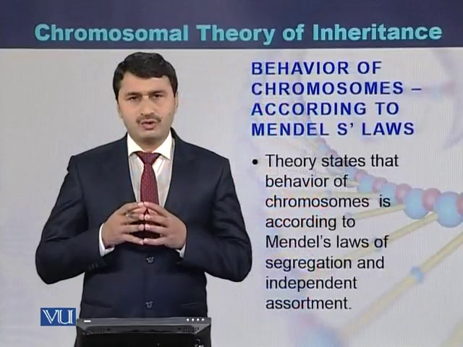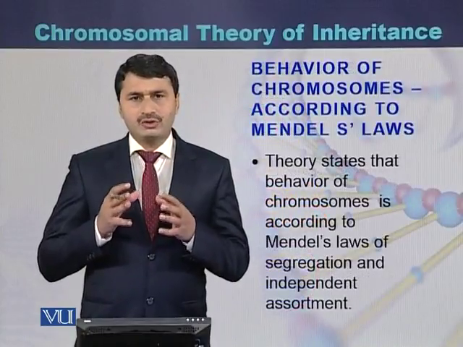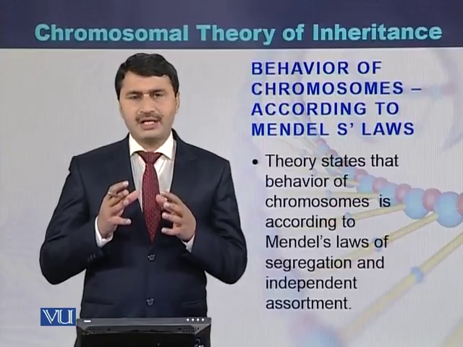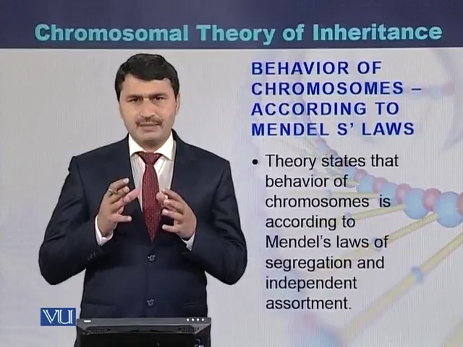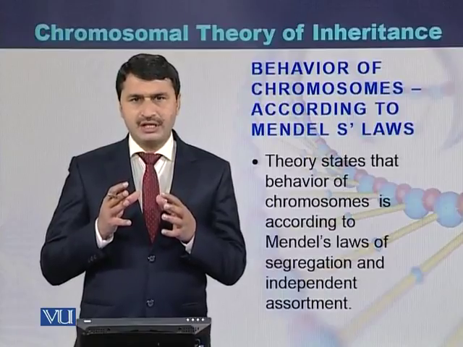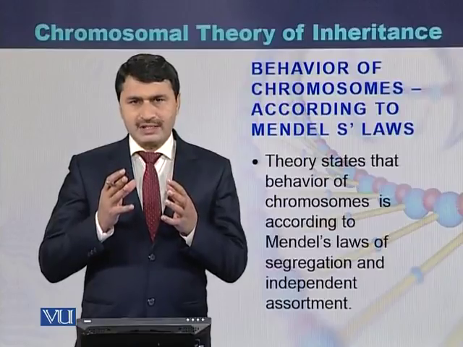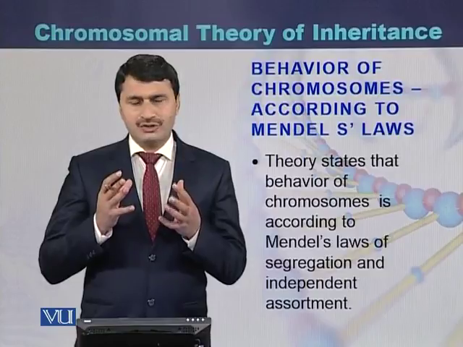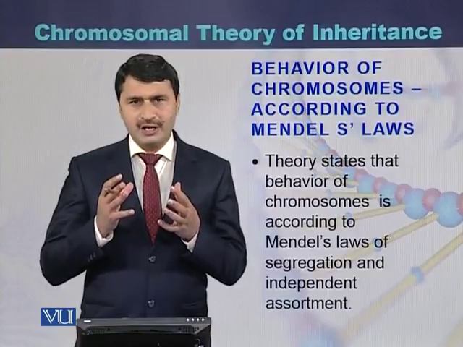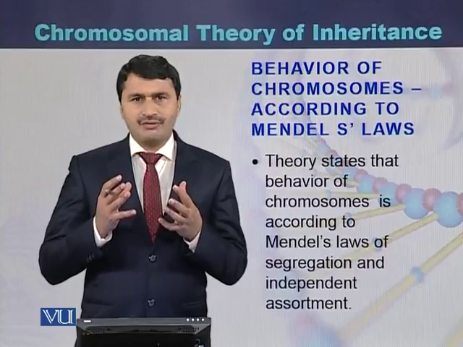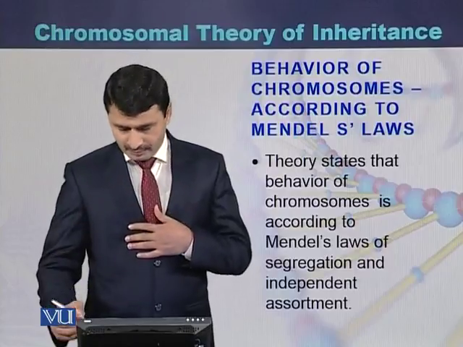The behavior of the chromosomes is according to the law of segregation and the law of independent assortment. Scientists in the beginning of the 20th century started to study whether the alleles present on the chromosomes separate according to the laws formulated by Gregor Mendel, the law of segregation and the law of independent assortment.